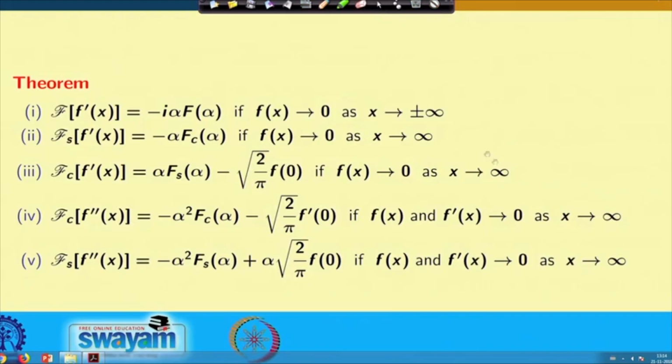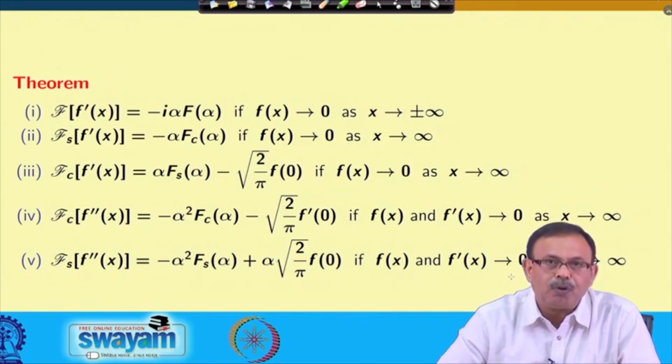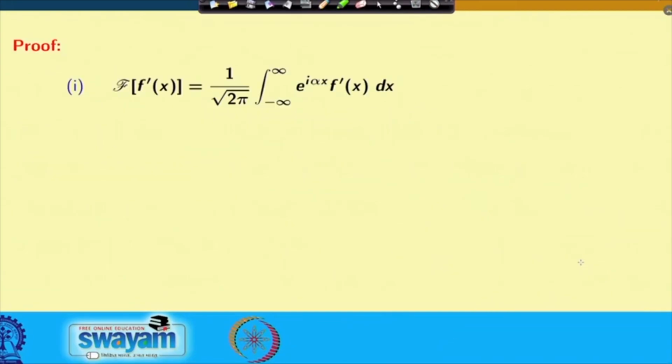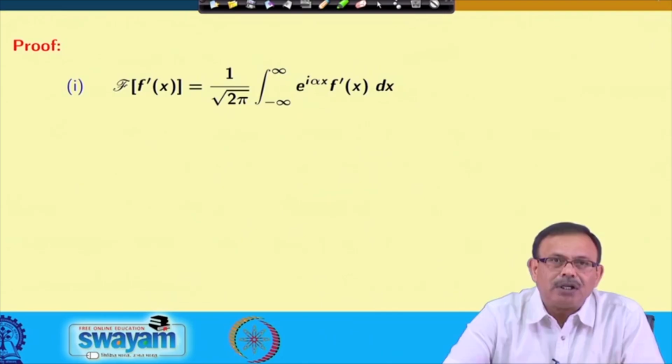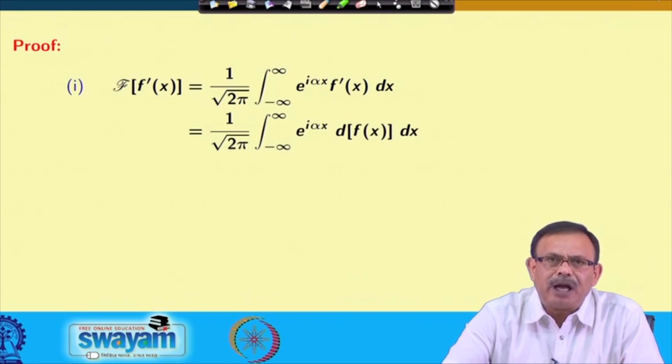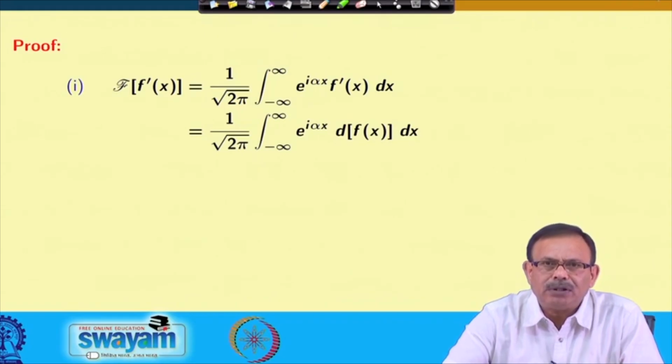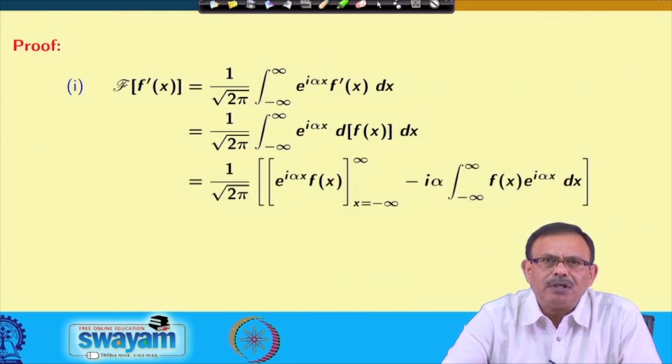So, again let us see it quickly. These things we had to prove, and for the first proof I am starting with the Fourier transform of f'(x). In the integrand, f'(x) I am writing as d of f(x), so that I can use one as the first function and the other as the second function, and I will use integration by parts. Using integration by parts, I am getting these two things.